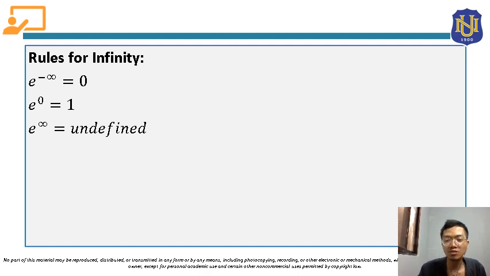You can actually try that in your calculator: if you raise e to a negative large number, let's say e raised to negative 99999999999, which is effectively infinity, you can see that it is equal to 0. Also, e raised to 0 is equal to 1, as any number raised to 0 is equal to 1. You have to remember this, and e raised to positive infinity is undefined.